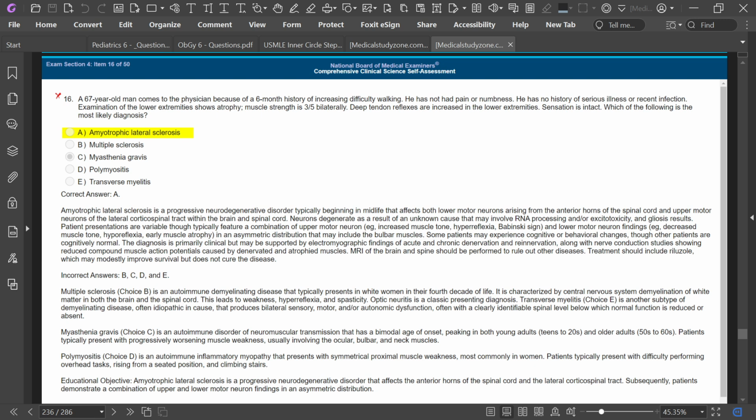And then what was the other question? In ALS, amyotrophic lateral sclerosis, what respiratory test should be done?